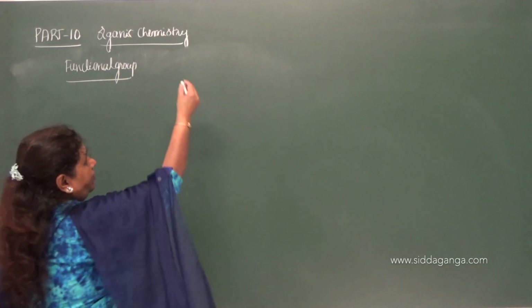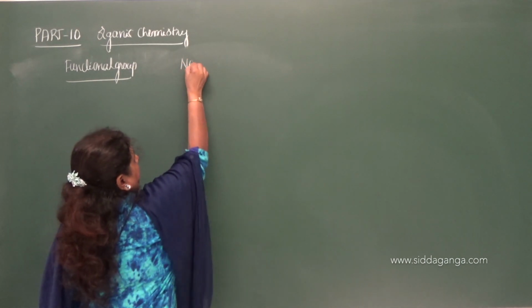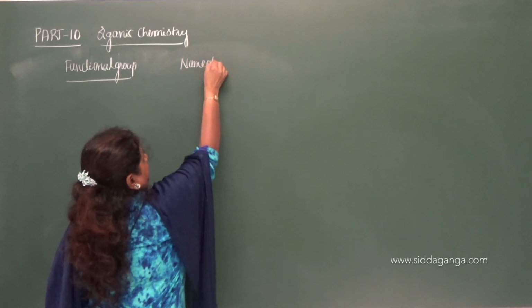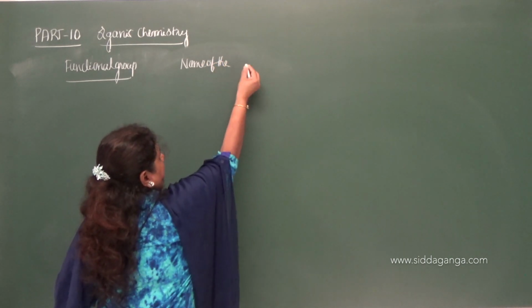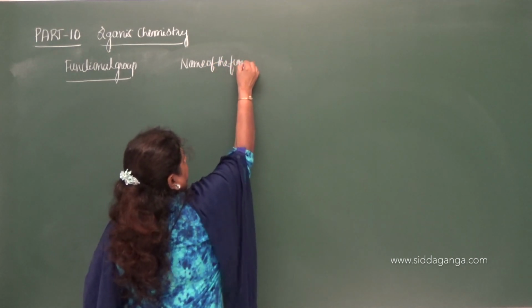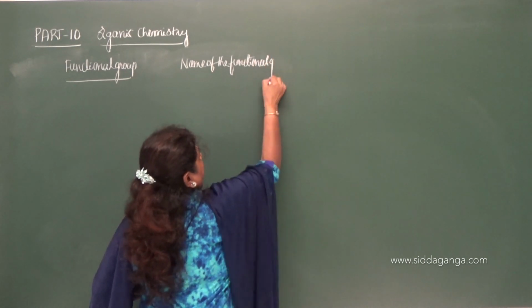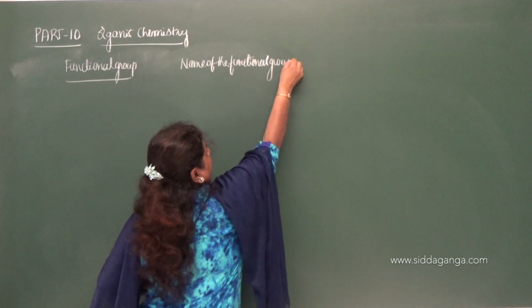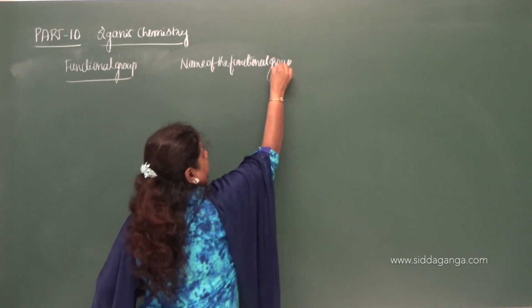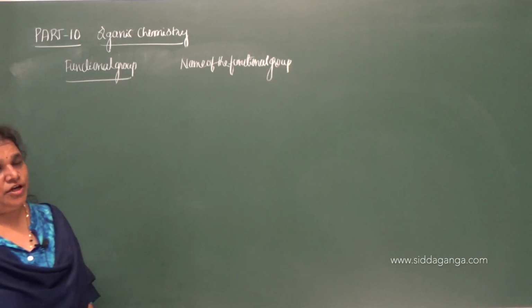In the second column you write name of the functional group.